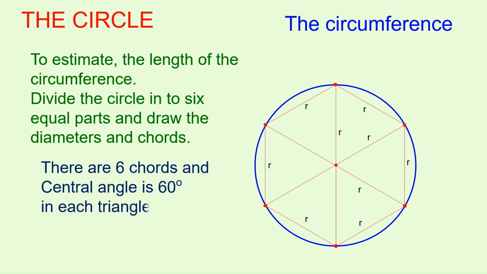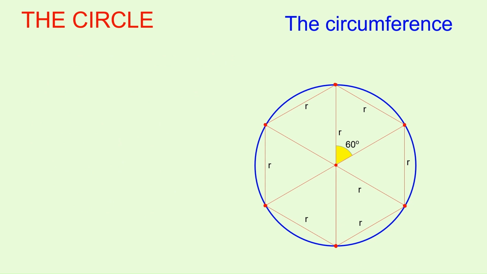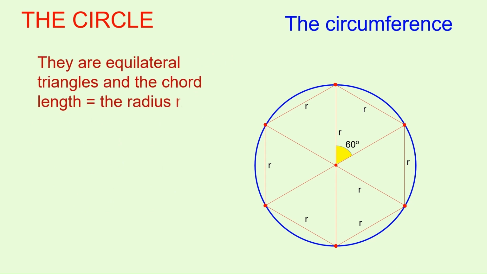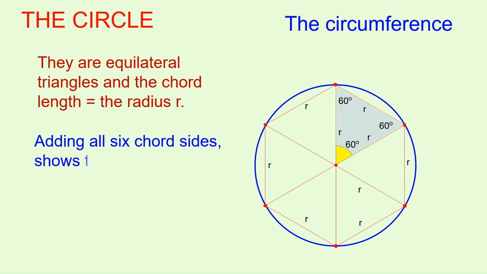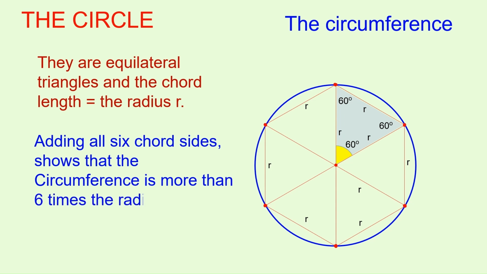In each triangle, you have noticed that there are 6 equilateral triangles and the length of each chord equals the radius r. Adding all 6 chord sides shows that the circumference is more than 6 times the radius, or 6 times r, or C greater than 3 times d.